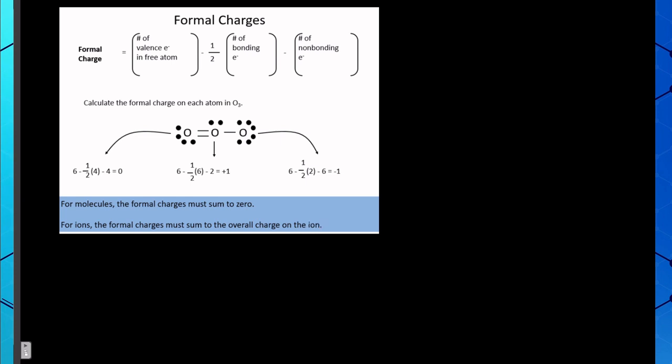Let's do an example with nitrate, which we saw in class, and do another example of the formal charge calculation for nitrate. So for nitrate, NO3-, that's the nitrate ion, and we said that it has a resonance structure, and so let's just draw one of the possible solutions right here.